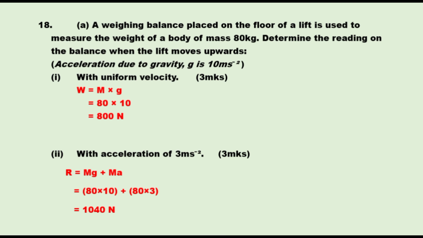So when the lift is moving upwards with uniform velocity, the reading of the balance in the lift will just be the normal weight, because there is no acceleration. That means weight is mg. So 80 kilograms times 10 is 800 Newton. That's the weight of the body, the reading, or the normal reaction of that body on the lift.